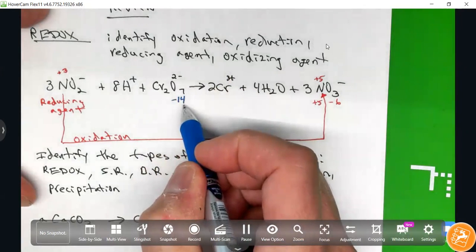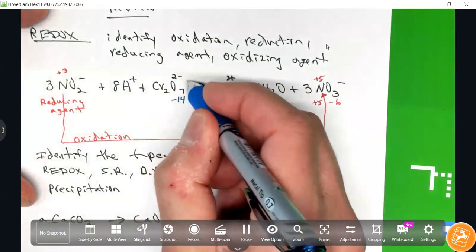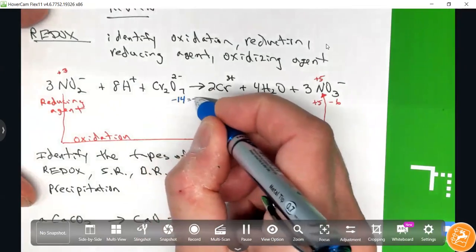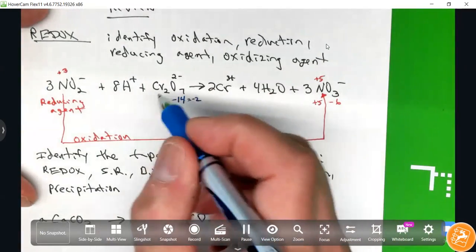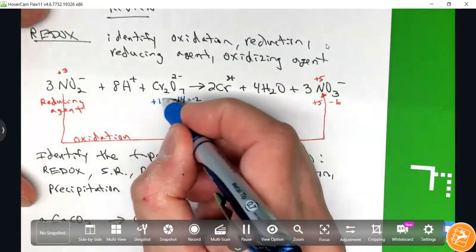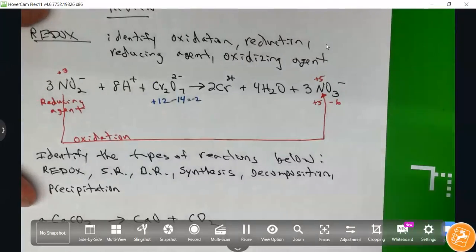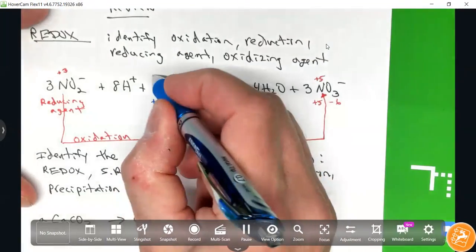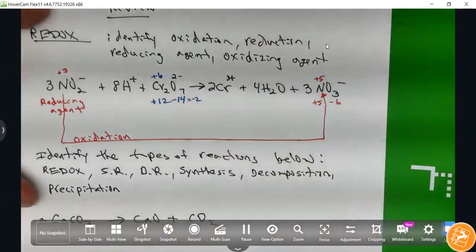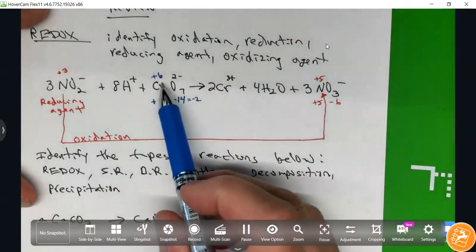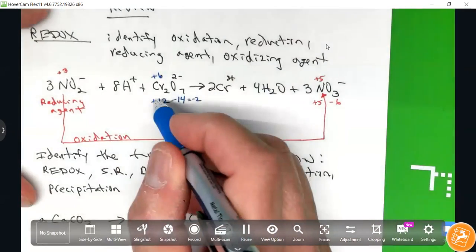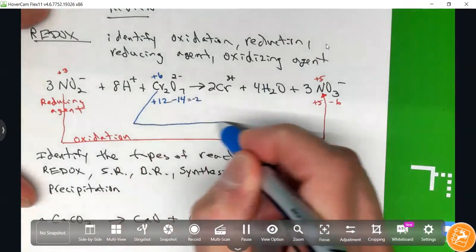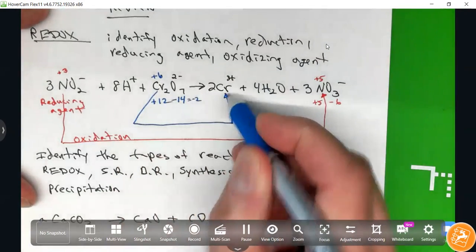And we're going to be left with a -2 because of this 2 minus. And if we're going to be at -2 right here, we're looking at a +12, right? And a +12 with 2 chromium is going to be a +6. So we've got a +6 here, we've got a +3 over here. So it looks like that is our reduction.